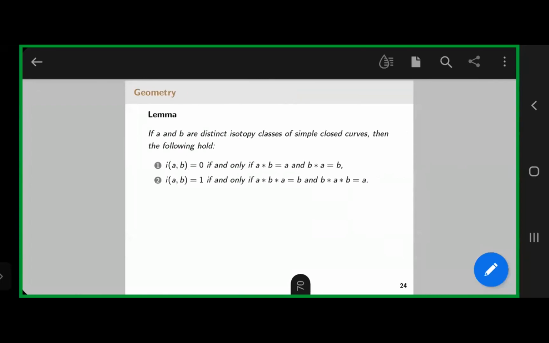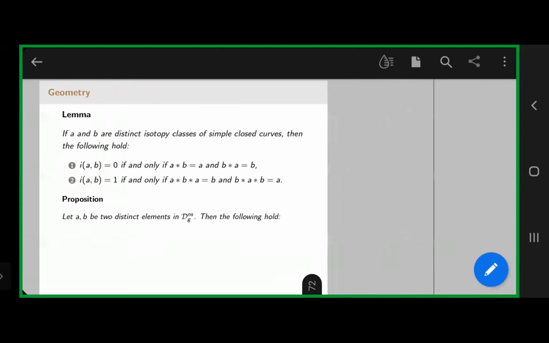Whenever they satisfy this relation, the curves have to have intersection number 1. This is the geometry, and the other side is your algebraic condition. The proof just reads off the basic properties of the Dehn twist at the quandle level.